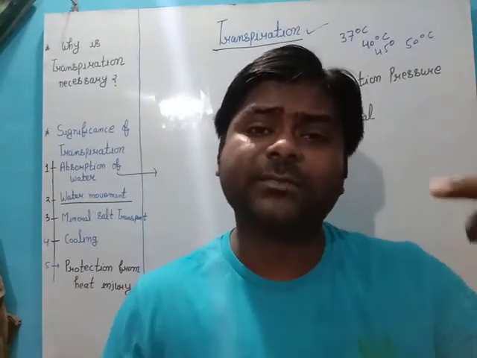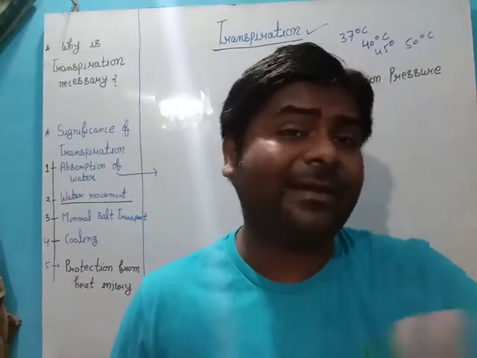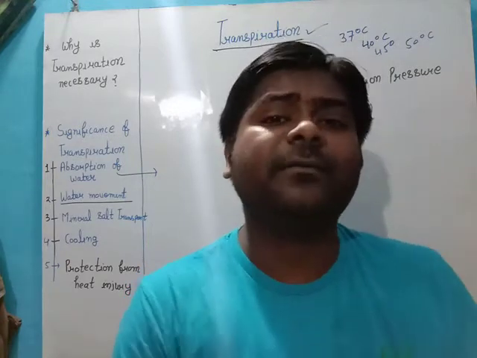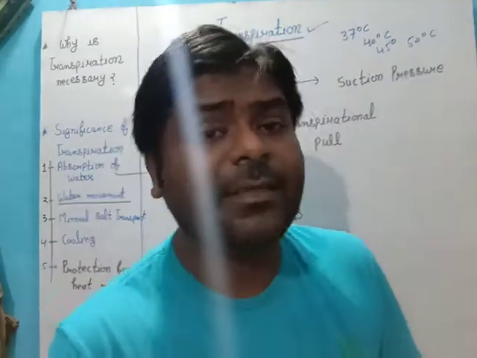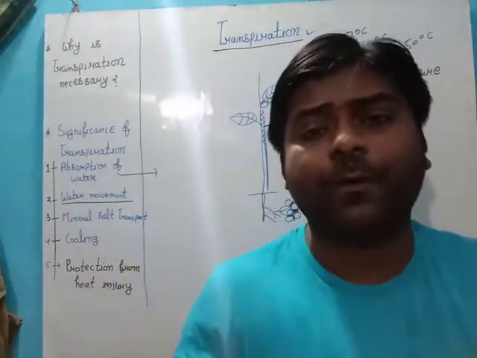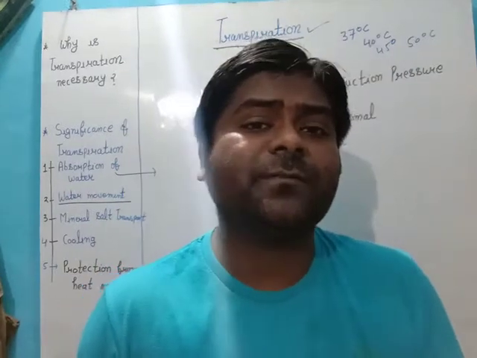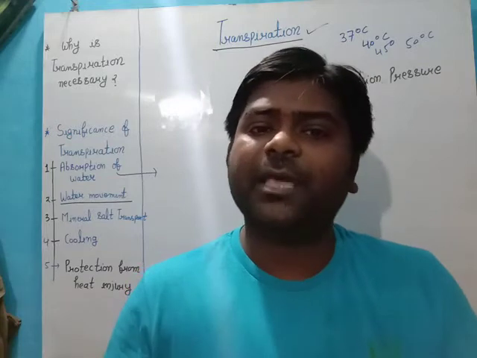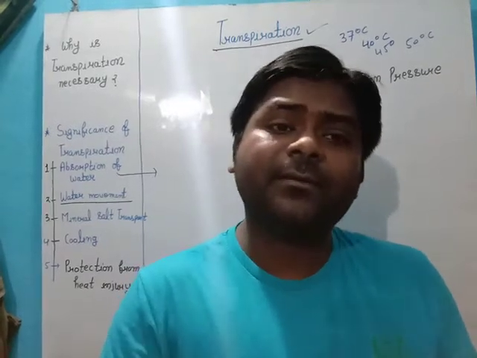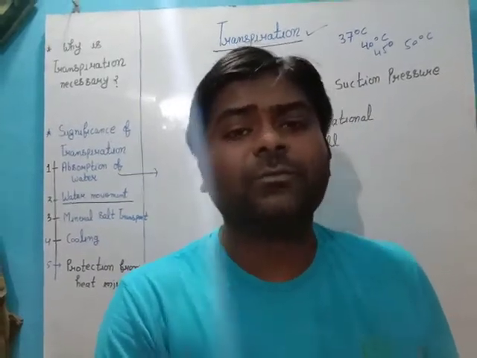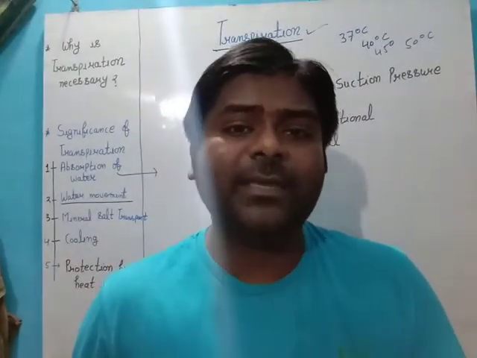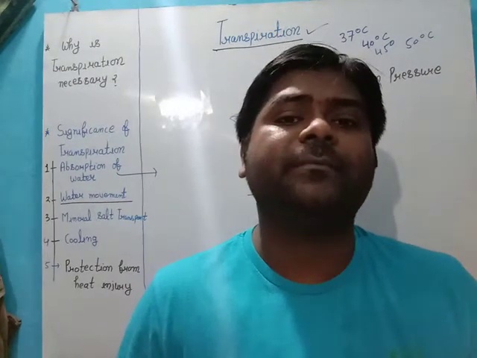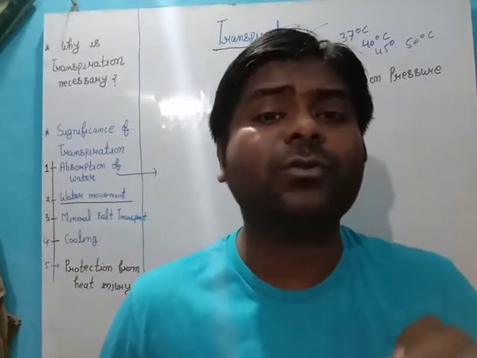So how it happens? When we do not have entry of water, we will have various sickness, dehydration. There are so many kinds of problems that will arise in the absence of water when we have a high temperature. So we take more water so that we can regulate our body temperature. So what is the meaning for this one? It means water can control the body temperature, and it is responsible for the cooling.